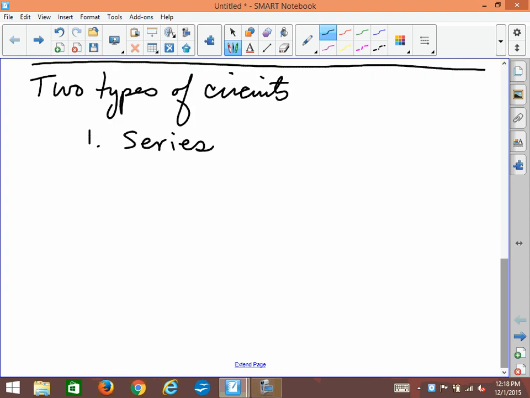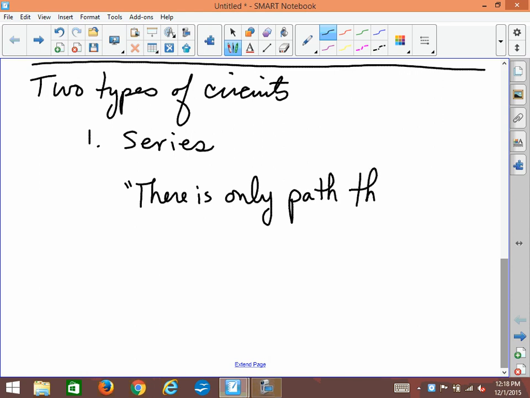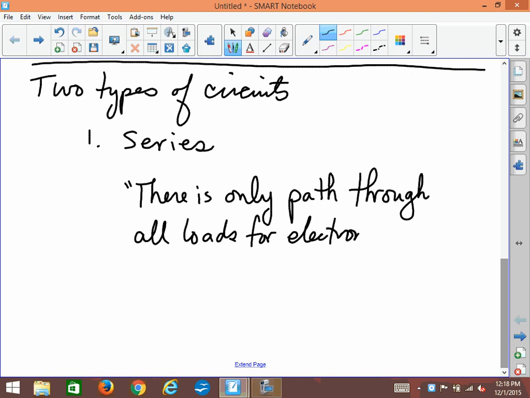Series means that the basic way to think about a series circuit is there is only one path through all loads for the electrons to follow. There's only one path through all the loads, because it's not one path through every load. It's one path for the entire circuit, and all the loads are all on the same path, right? There's only one way to go.